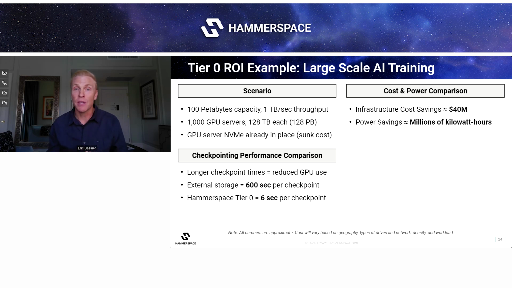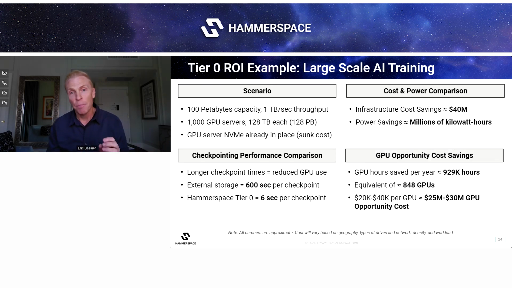And this may mean, especially if you're in a data center where you have no more power or you're under severe power constraints, as Simon talked about, that you can actually have the ability to deploy more compute resources because we've eliminated the power requirements that would be used in this external storage. So the savings is quite substantial, but the improved ROI on your existing GPU investment is equally as substantial.